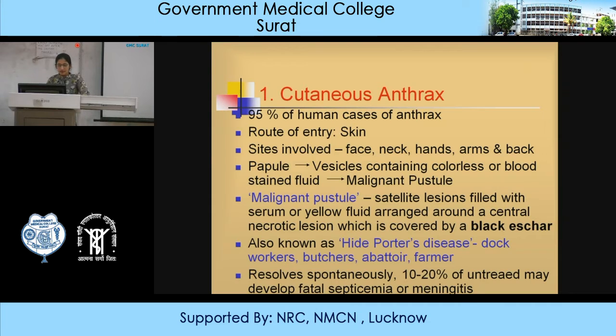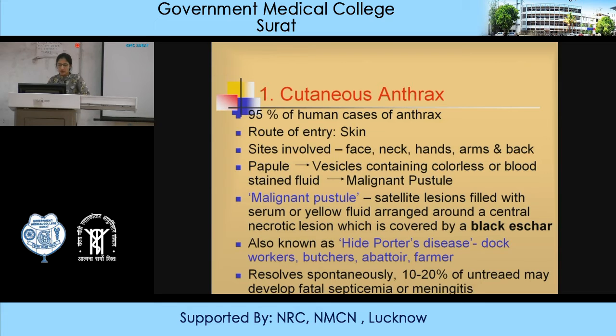These malignant pustules are satellite lesions filled with serum and yellow fluid, arranged around the central necrotic lesion, which is covered by the black eschar. So the central lesion is covered by blackening of the area.